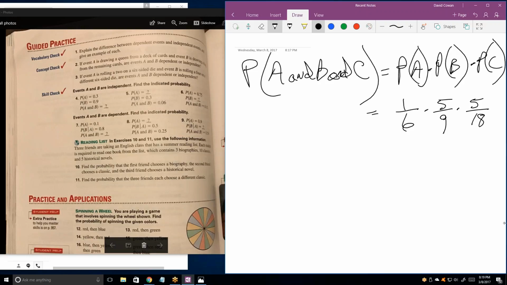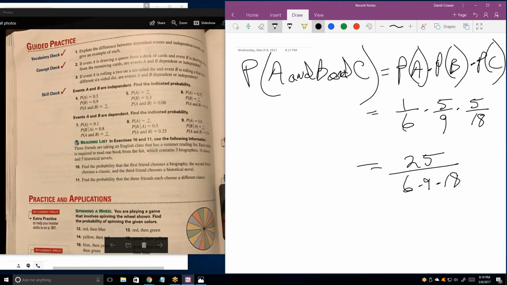So that's equal to 25 over some big number. That may or may not be simplifiable. Let's see. Can I simplify anything here? No. In other words, I get 25 over 6 times 9 times 18.